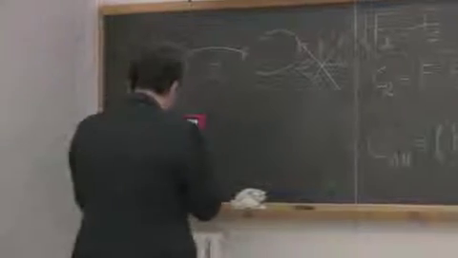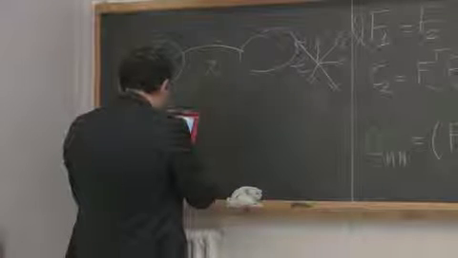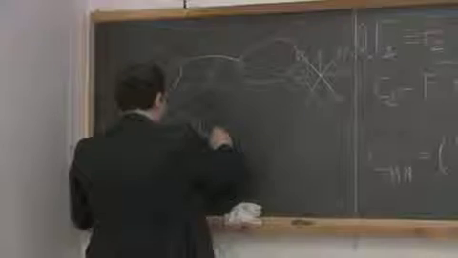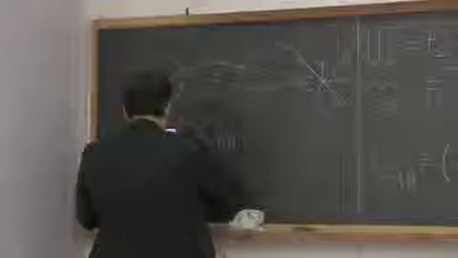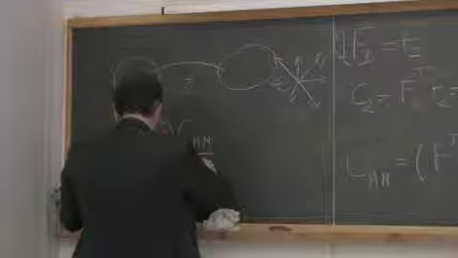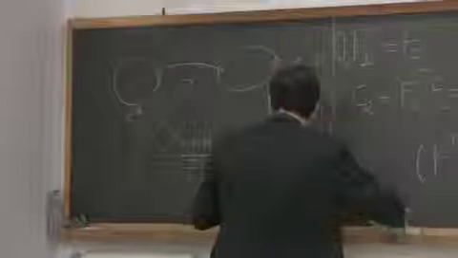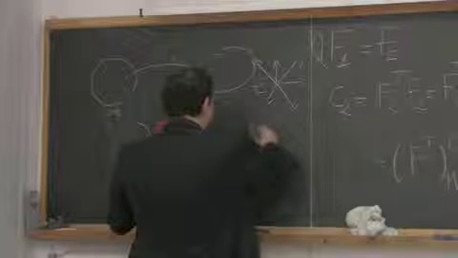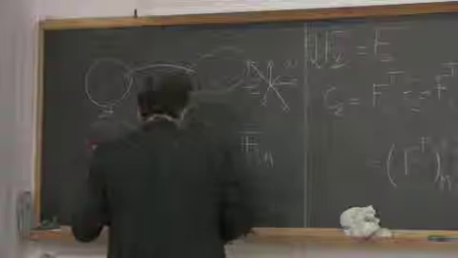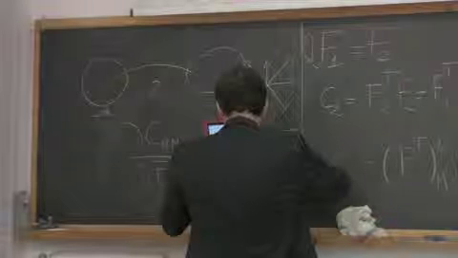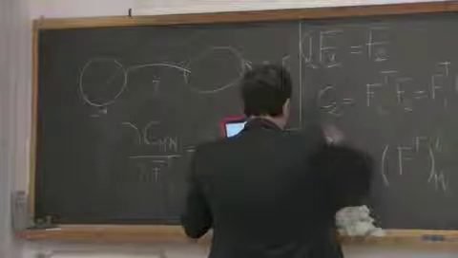The final result is the following one. dC_mn over dF_iL is equal to delta_LM F_iN plus F_iM delta_LN.